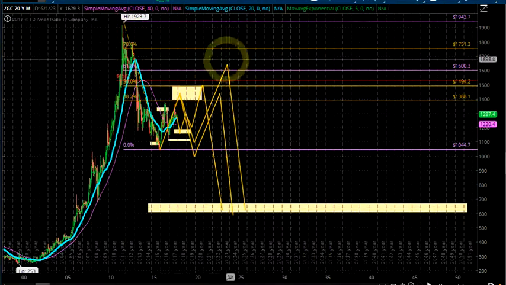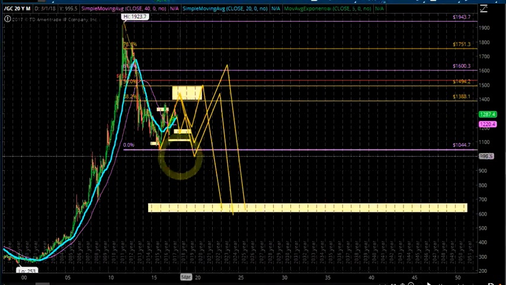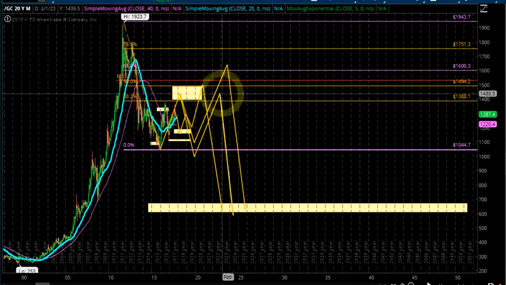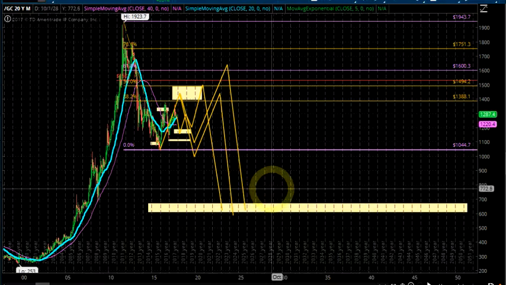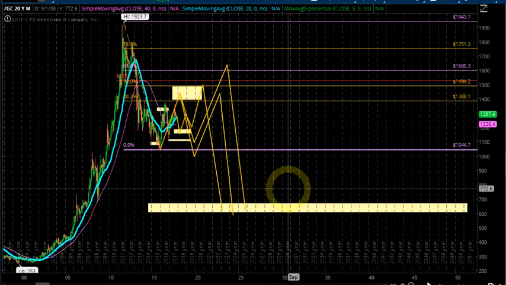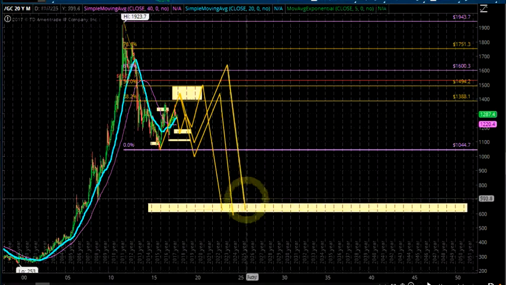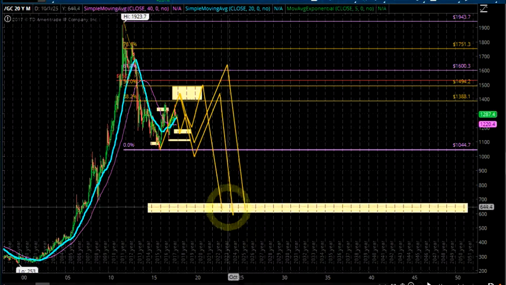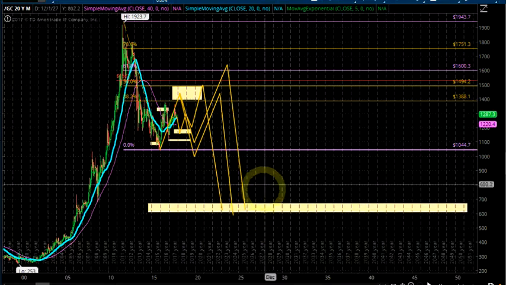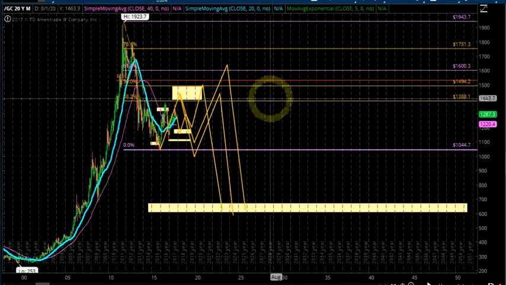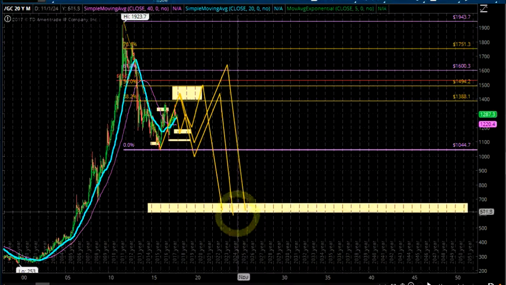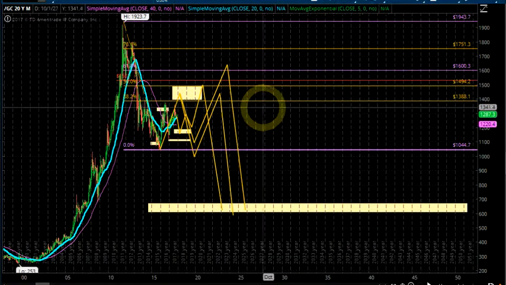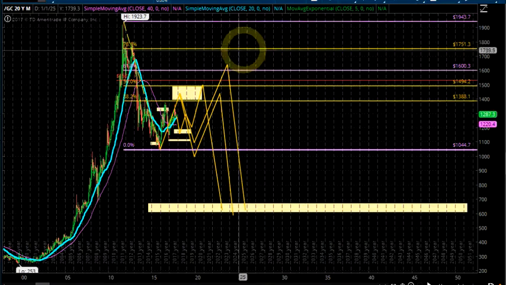So wave two takes the form of some ABC, and that ABC, especially the B, could take the form of something that we have not yet seen. And then somewhere around in here, maybe 2026 or something, you'll see a low in gold, and then you're going to see wave three, which for the next 20 years you're just going to see massive inflation as the dollar gets just routed.